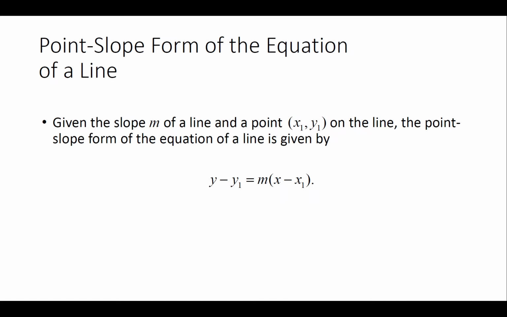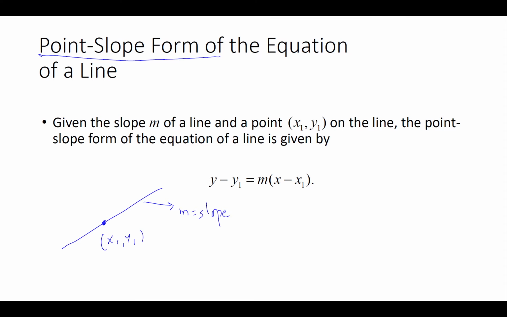Okay. So now the next thing is, we want to express the equation of a line in point slope form. Here is a line, and we want to write down the equation of this line. This line is passing through a point, let's say (x1, y1), and we are given the slope of this line is m.